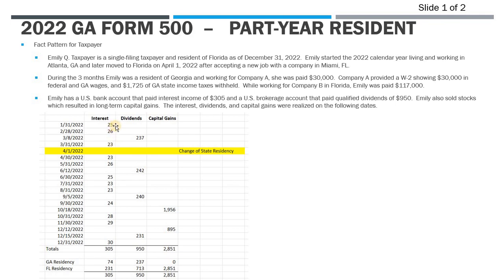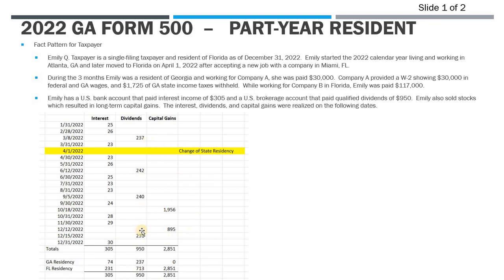So for example, if we look at the interest income, she looked up the amount of interest that was paid and deposited at the end of each month, right? So the bank account pays out the interest monthly, and so we can see at the end of each month what the amounts were. So for Georgia part-year residency purposes, she would only be recording the interest income in Georgia for when she was actually a resident there, right? And the same goes for the dividends and the capital gains.